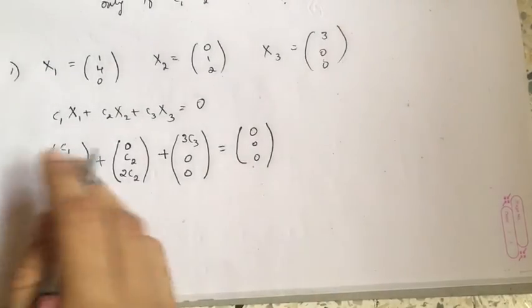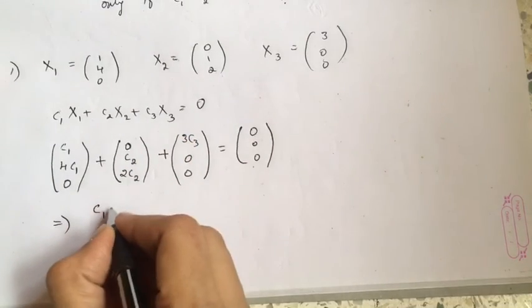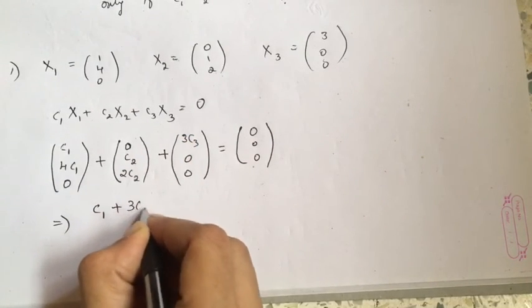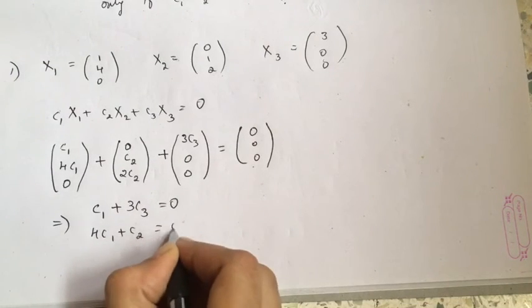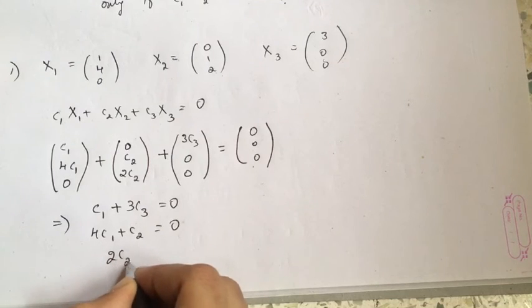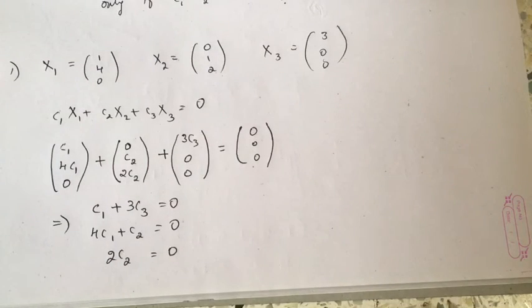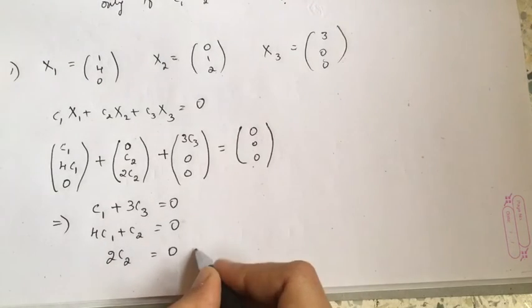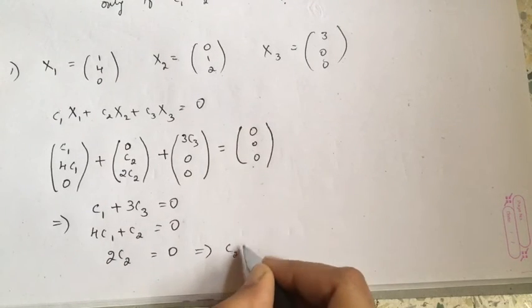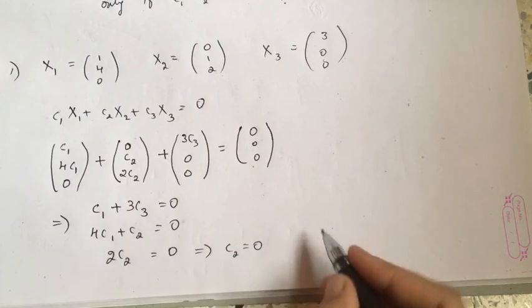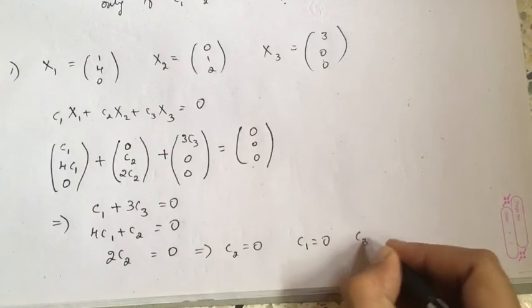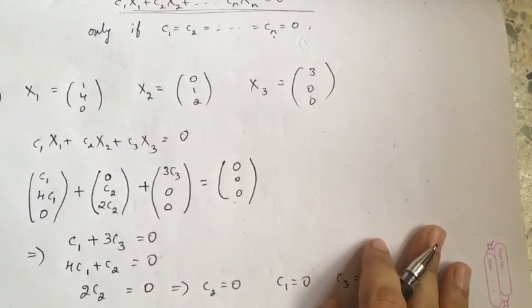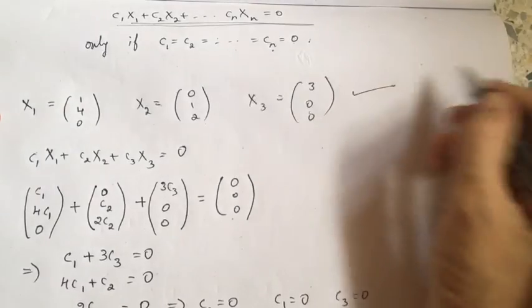From this I get a system of equations: c1 plus 3c3 is equal to 0, 4c1 plus c2 equal to 0, and 2c2 equal to 0. So 2c2 equal to 0 implies c2 equal to 0. When c2 is 0, c1 is also 0. When c1 is 0, c3 is also 0. So these three vectors are linearly independent.